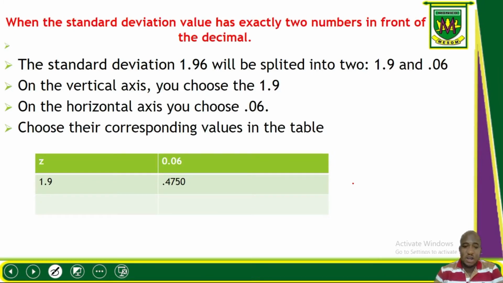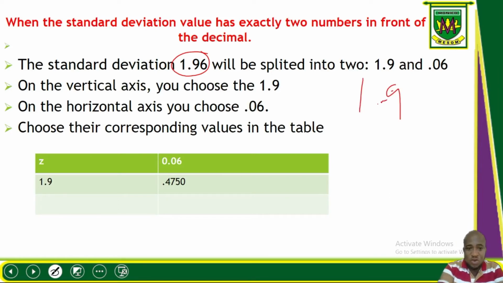But before, we need to also consider these steps. I hope these steps will help us in choosing our values from the table. When it was just in one decimal place, you get it directly on the table. But this one, you still get it directly on the table, but we still need to do some splitting. The first step is the standard deviation unit, which is 1.96. 1.96 needs to be split into 2. So we split it into one decimal place.